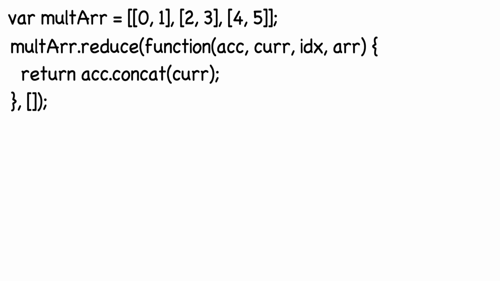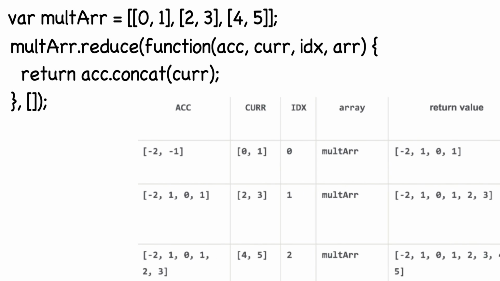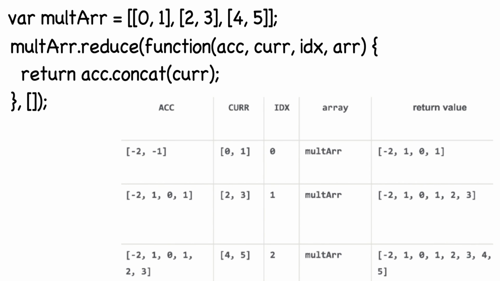We'll go ahead and demonstrate what is going on under the hood with some rows and columns showing how reduce works. First, in our accumulator row, we already have an initial value given to us. It's an array with the values of -2 and -1. We can see in our code block that we are going to return the value of our accumulator, in this case -2 and -1, and concatenate it.